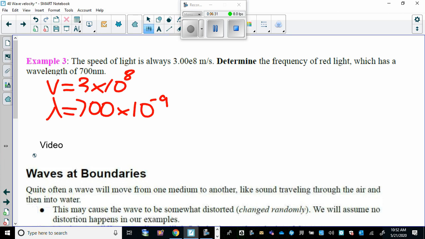You could change that to 7.00 times 10 to the negative 7, but if it says nanometers, the easiest way to express it is just take the number and put times 10 to the negative 9 at the end, and we want the frequency. Frequency equals the velocity divided by the wavelength.